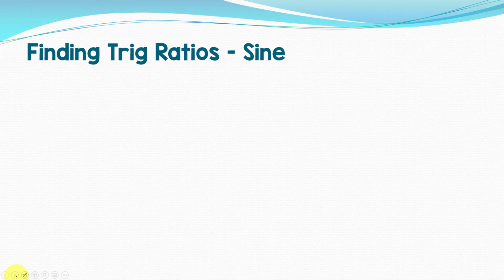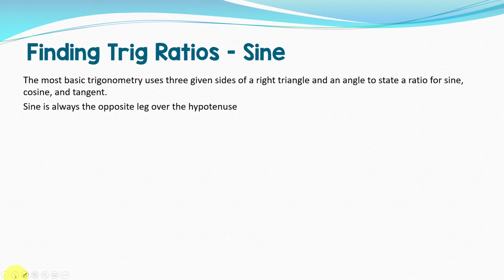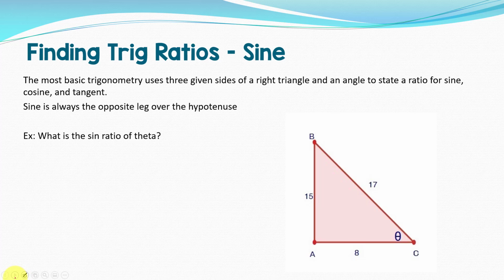So using our sine function, sine is always going to be the opposite over the hypotenuse. Let's do an example. Looking at this triangle, you should have turned your page over to the back side. We have theta, the angle we're looking for. We label this one opposite. This is the right angle, so this is the hypotenuse.